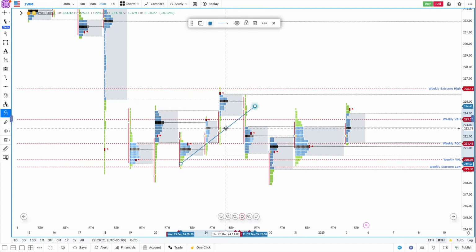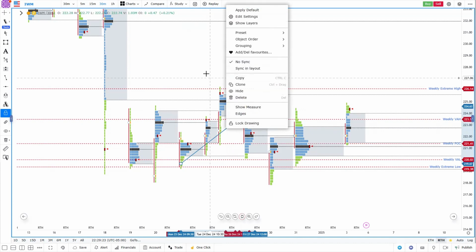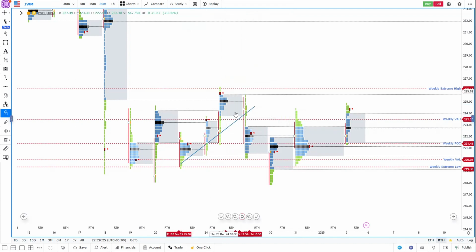So when you're looking at market profile versus plain candlesticks, now the question should be, how do you know when the trend is going to end or potentially end? There's a couple different ways you can look at that. For one, you got to look at the bigger picture. It's not simply about price and plain candlesticks. It's also about value.